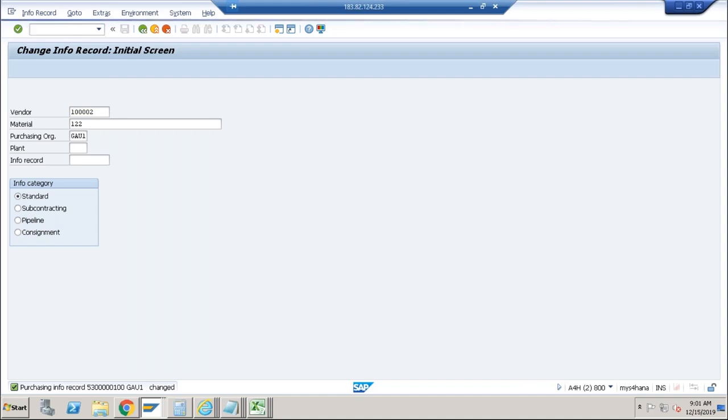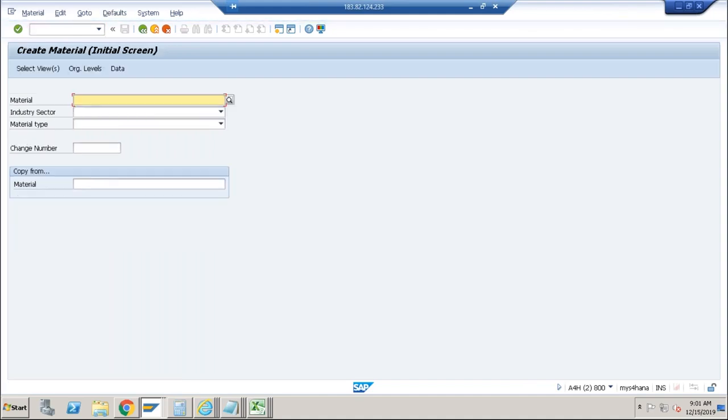In the real-time project, we don't need to touch this. This will be done completely by your MM or not even MM consultant. It will be done by the end user who is responsible to create a material. Okay, so whenever you create a material, system will ask you 2 things. Industry sector, which is irrelevant. You can select anything. It is not relevant to anywhere in the costing.